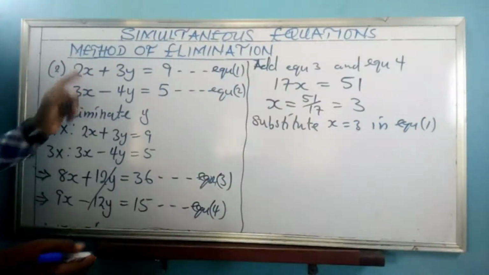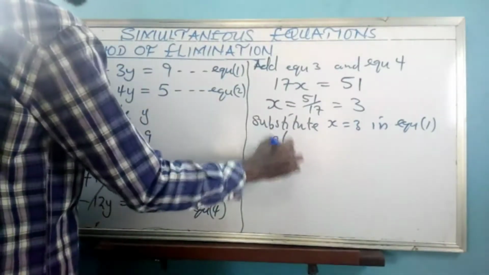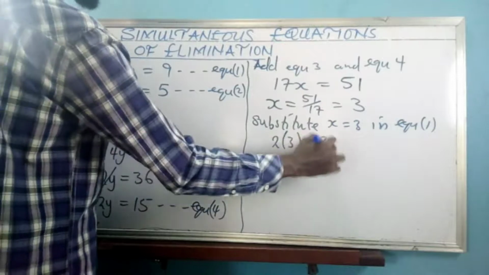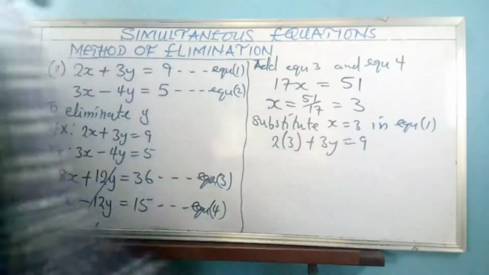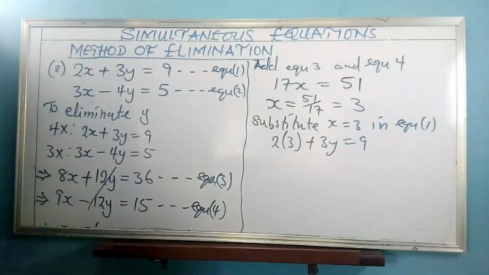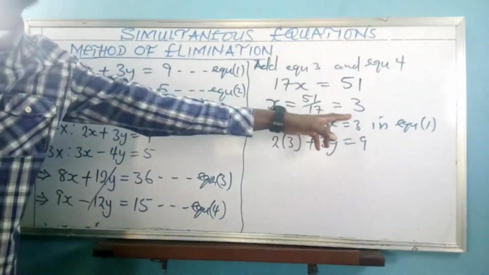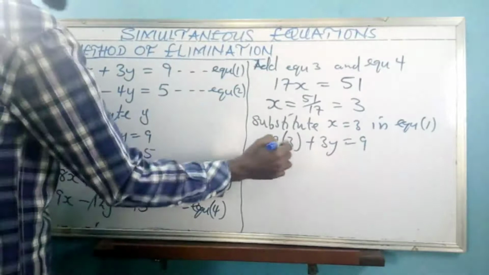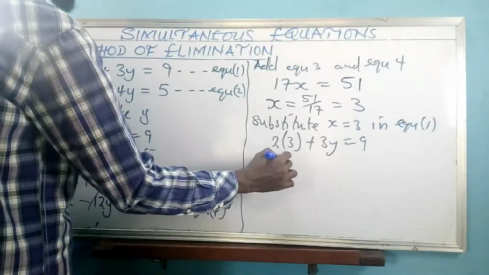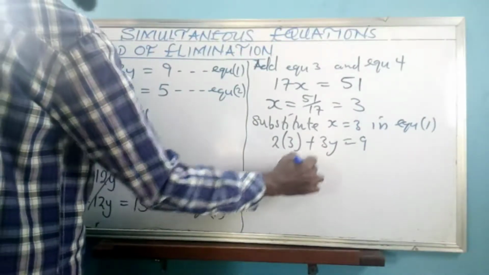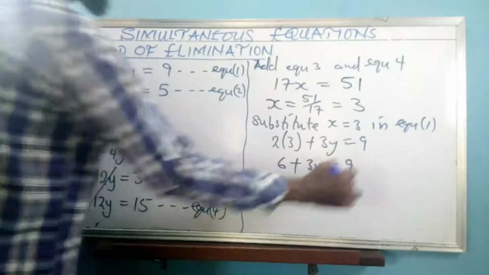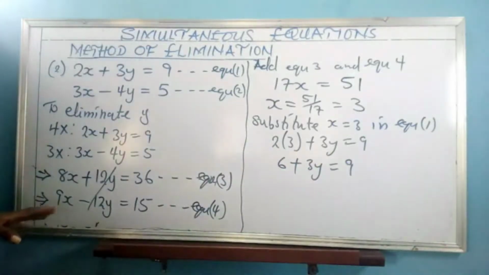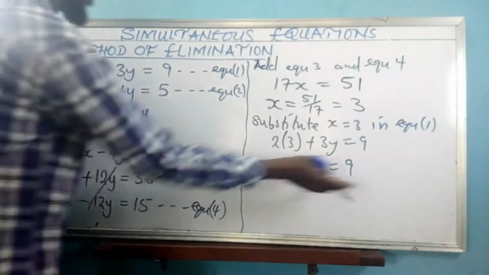So we now have 2 into 3 plus 3y is equal to 9. Anywhere you see x, you put 3 there, right? Now when we multiply, what do we have? There is 6. Plus 3y is equal to 9. Simple equation again.